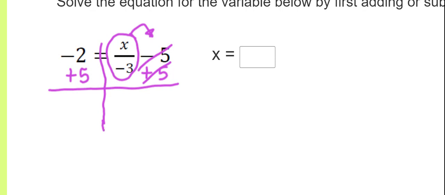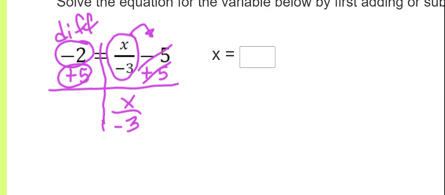That cancels, so now we have x divided by -3. And this is 5 positives, 2 negatives. They are different. So if you go -2 and then you go +5, you're going to end up at a +3.